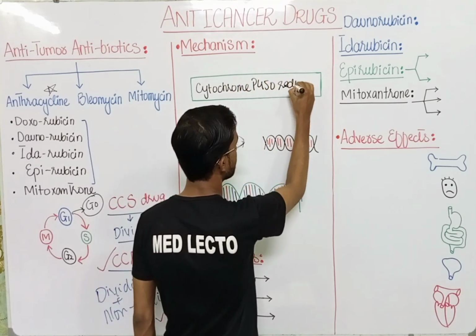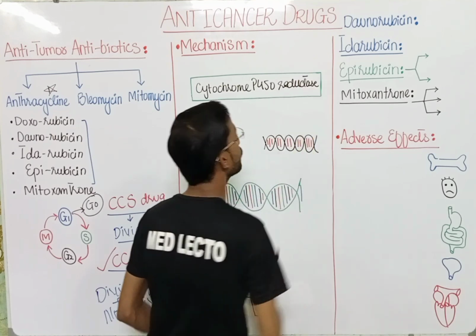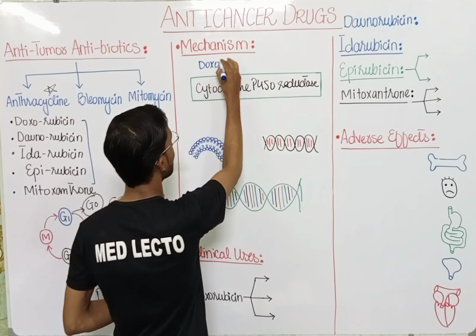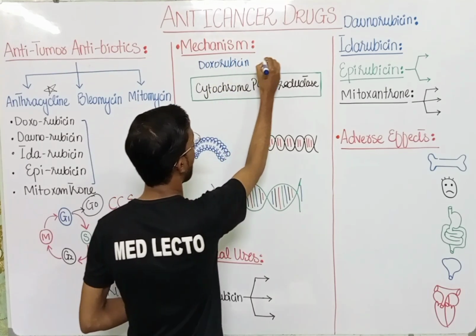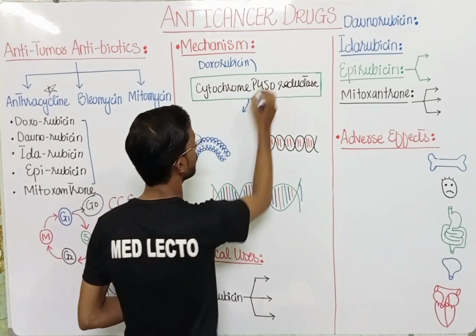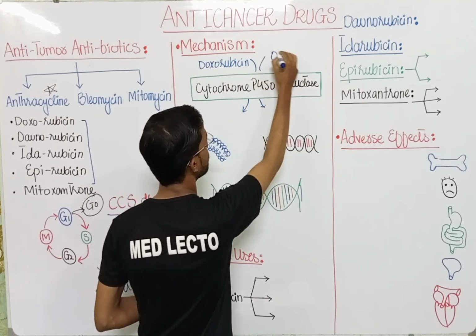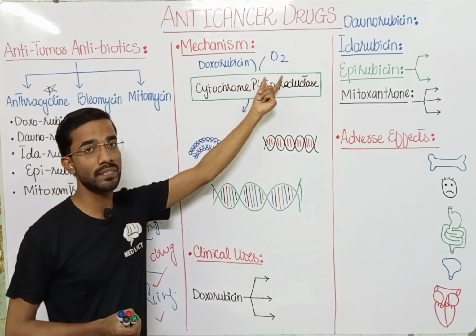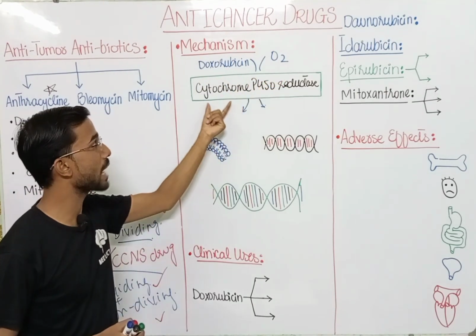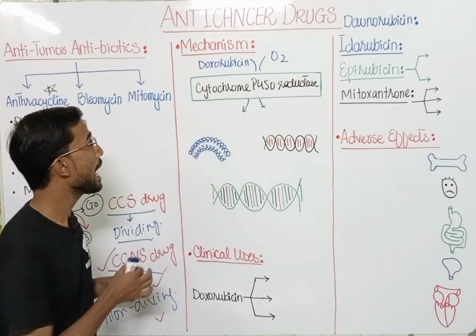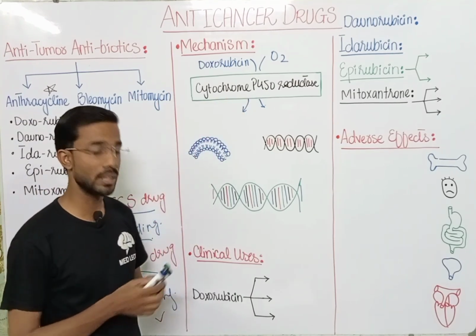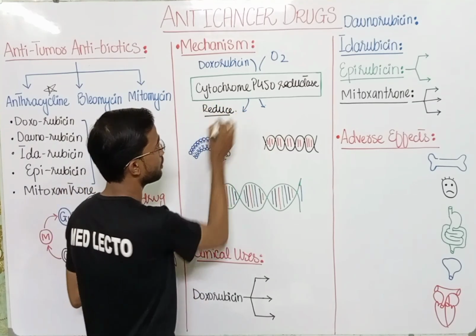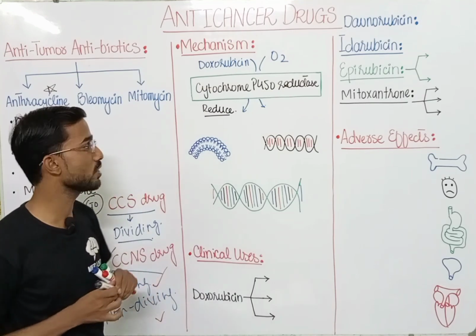In the presence of this enzyme, doxorubicin along with the oxygen, if you see the reaction between the doxorubicin and the oxygen in the presence of the cytochrome P450 reductase, doxorubicin will convert into the reduced product, because this enzyme actually reduces the doxorubicin.